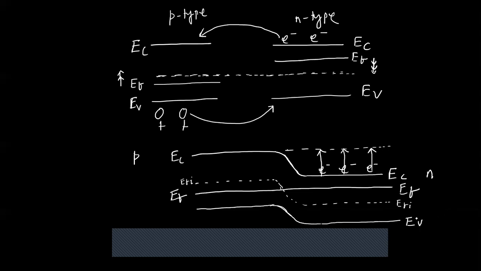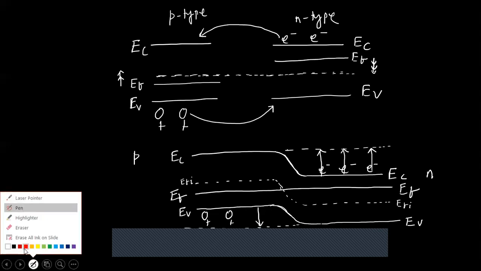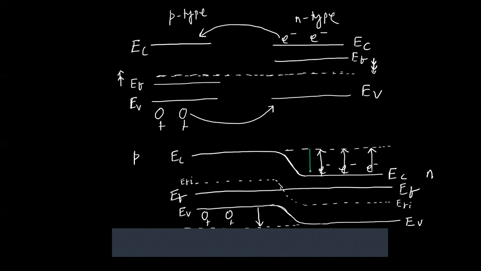Now you can see the holes from the valence band of this p region will experience an equal amount of potential barrier to move from the p region to the valence band of the n region. So what we need to measure is this value here. This is our potential barrier in terms of energy.